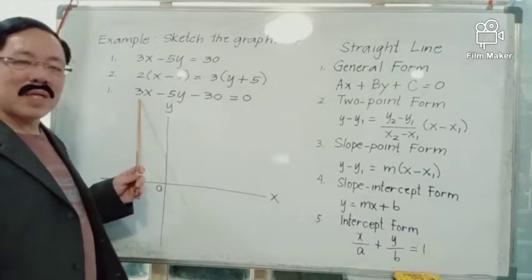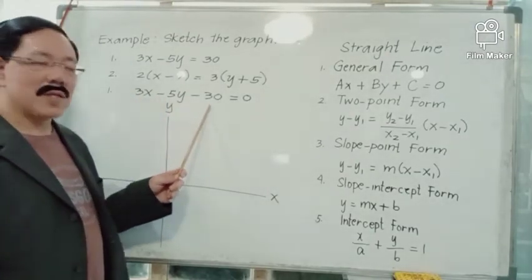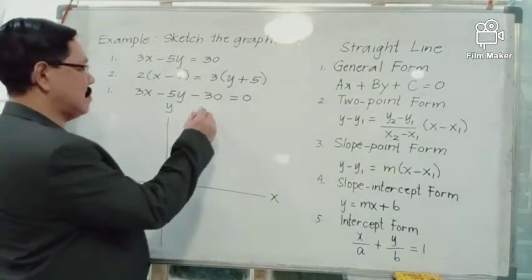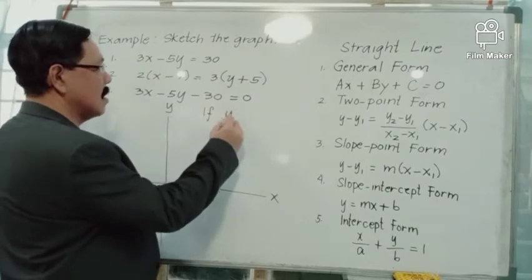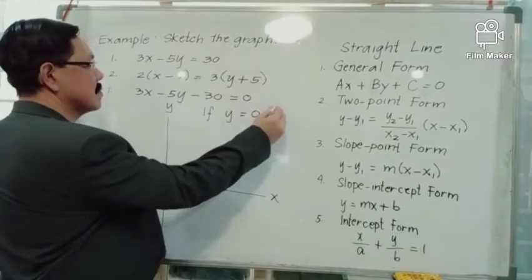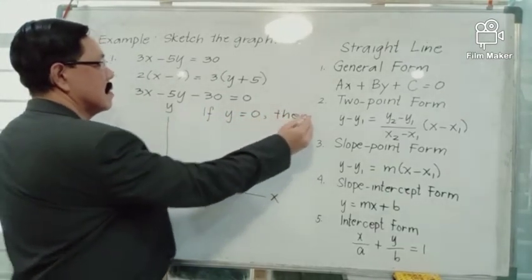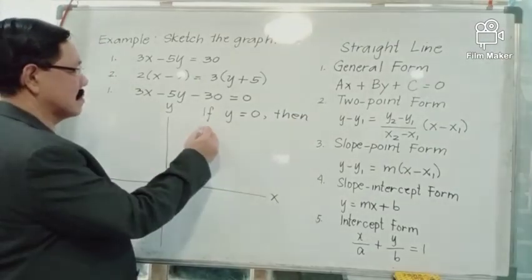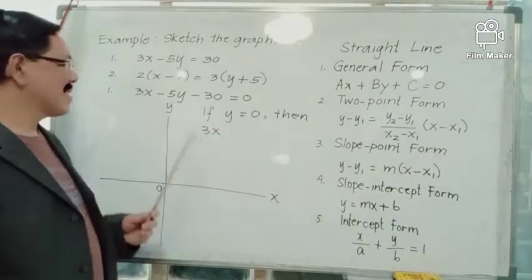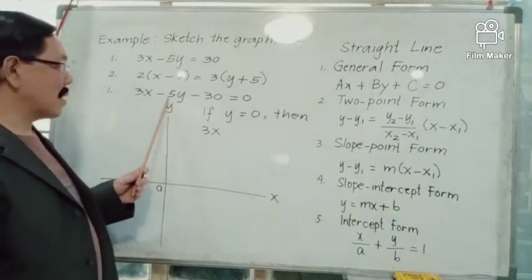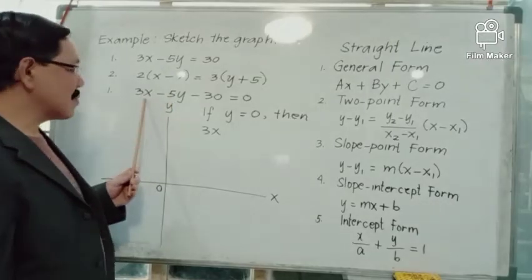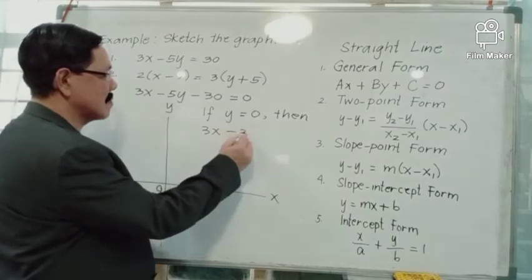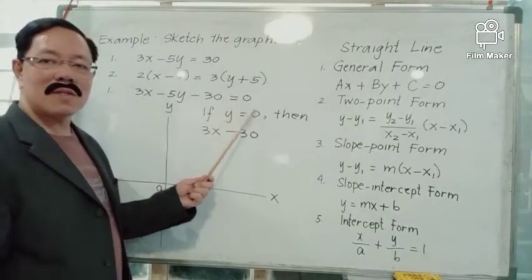In number 1, we have 3x minus 5y minus 30 equals 0. We set y to 0. If y equals 0, then we get 3x, and y is 0 multiplied by negative 5 is 0. 3x minus 0 is 3x, minus 30 equals 0.